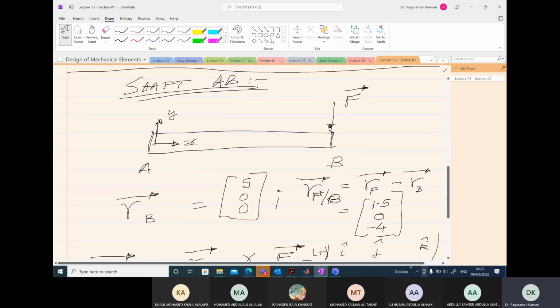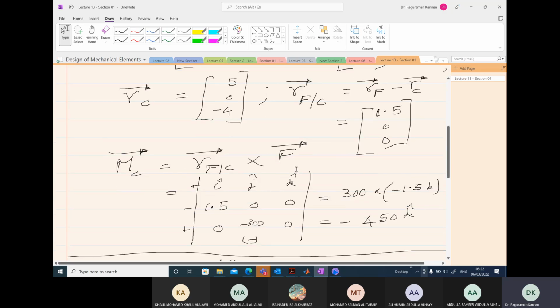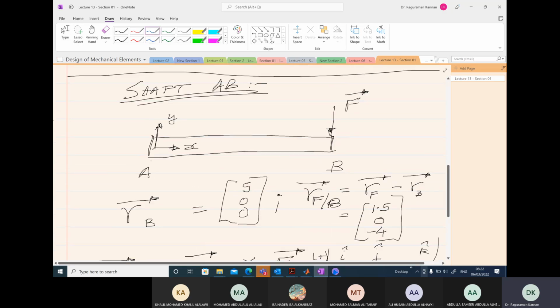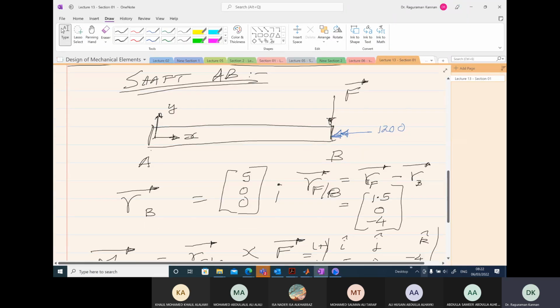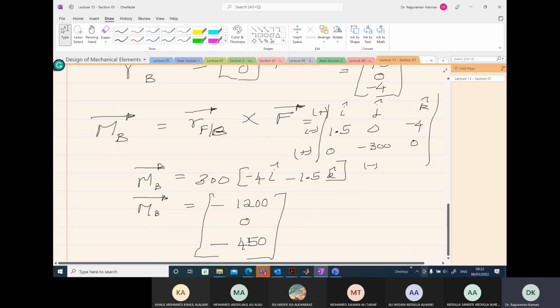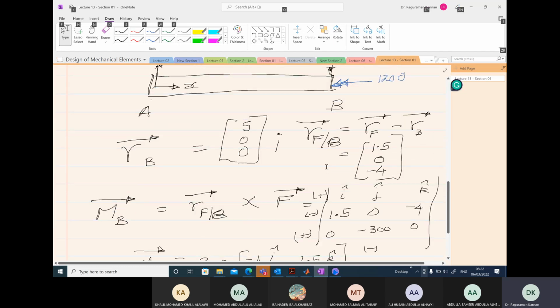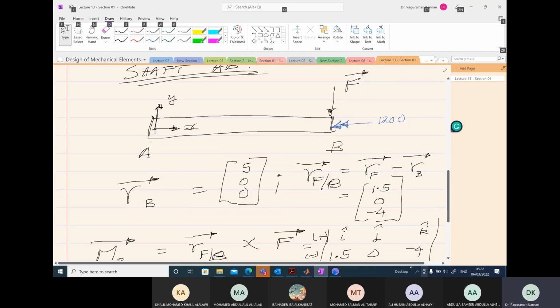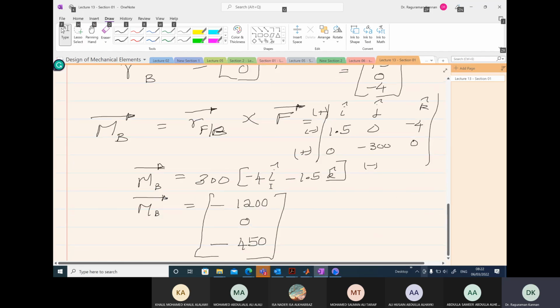So now we need to draw the free body diagram. Let's go up here. Okay. Torque about negative x-axis, I'm going to represent with a double arrow, 1200. Then there is a moment about z-axis. The z-axis is coming out of the board towards your face, and it is about negative z-axis.